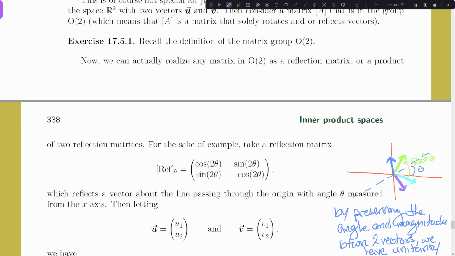That's what we need for unitarity, because the only thing an inner product will ever care about is an angle and a magnitude. Because of this notion, right? We have something like x vector times y vector. Inner product is the norm of the x vector, or the magnitude of the x vector, the magnitude of the y vector, cosine theta, where theta is the angle between them. And so you can see from this that if you preserve both magnitudes and the angle, then the inner product must be preserved as well.